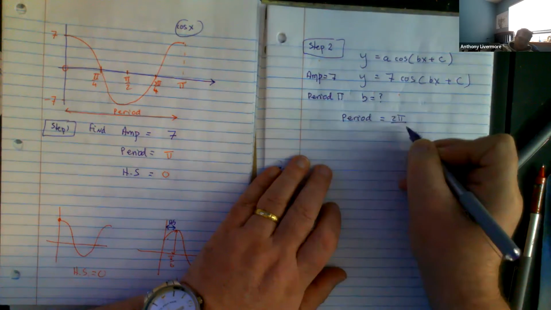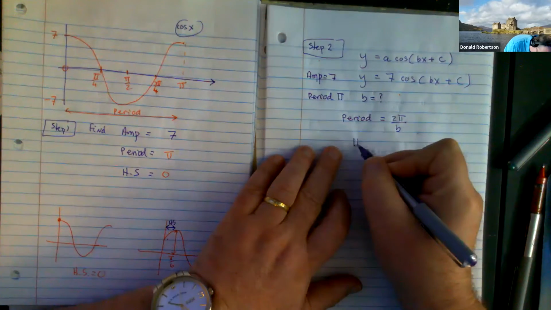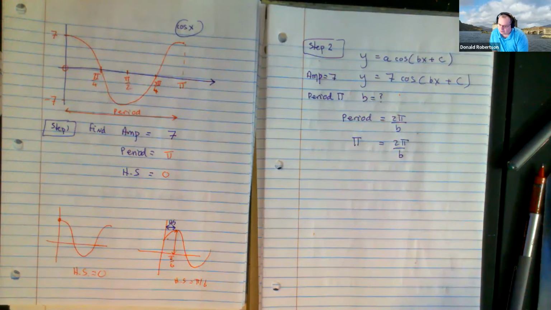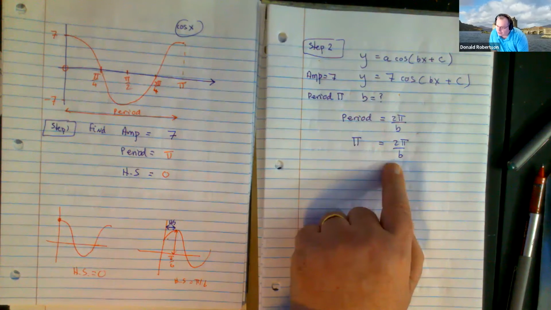Agreed? Now, if I know the period is pi, haven't I now got that? So far, so good? Right, so essentially, don't I just need to find out what number b has to be to get pi? You could do that one in your head. Would you agree it's 2?